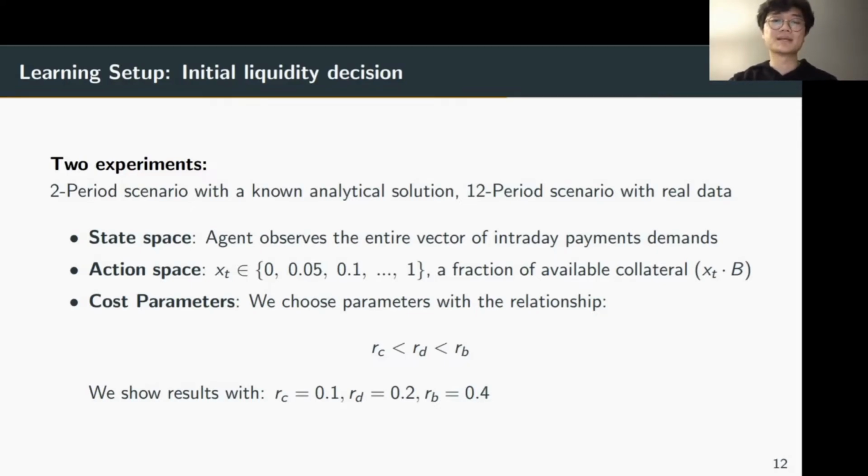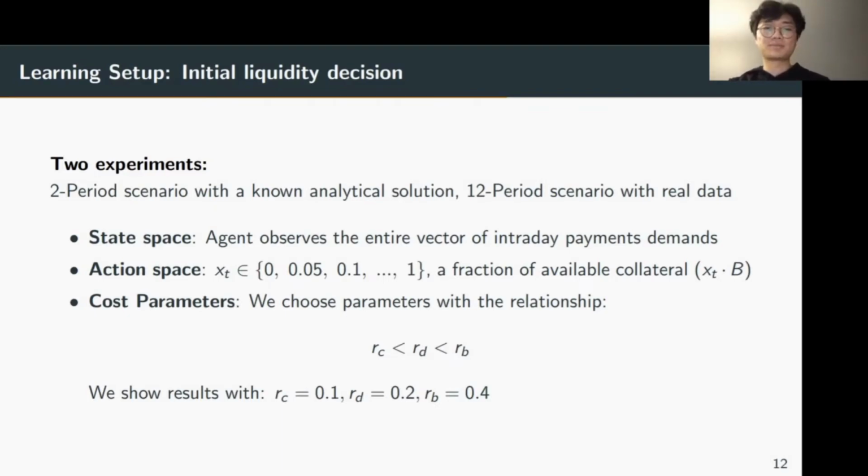In both experiments, our state space is represented as the vector of payment demands per period. Our action space is represented by a fraction of available collateral, the amount the agent sends to other participants in the system. We discretized our action space into 20 actions.